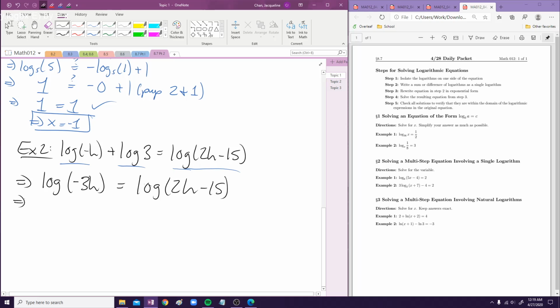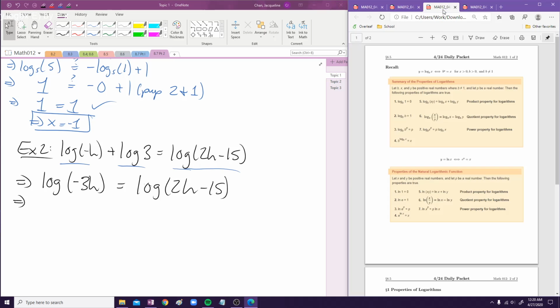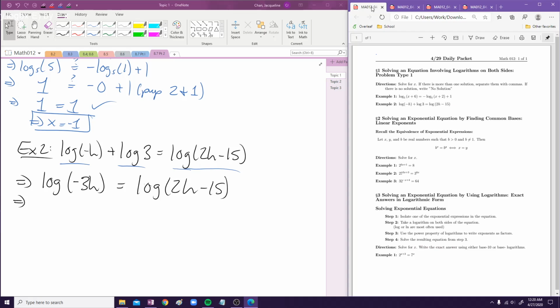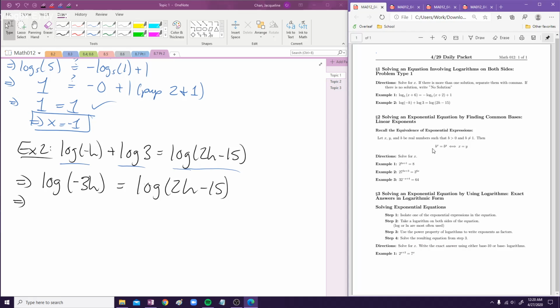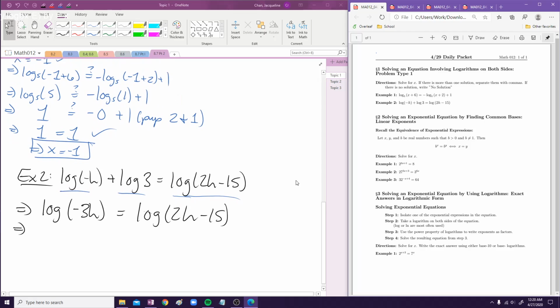So instead of rewriting our equation in exponential form, one thing we could actually do is use the equivalent logarithm expression or something. I don't remember the technical name. I think maybe it's called equivalence of logarithm expression. I don't know.